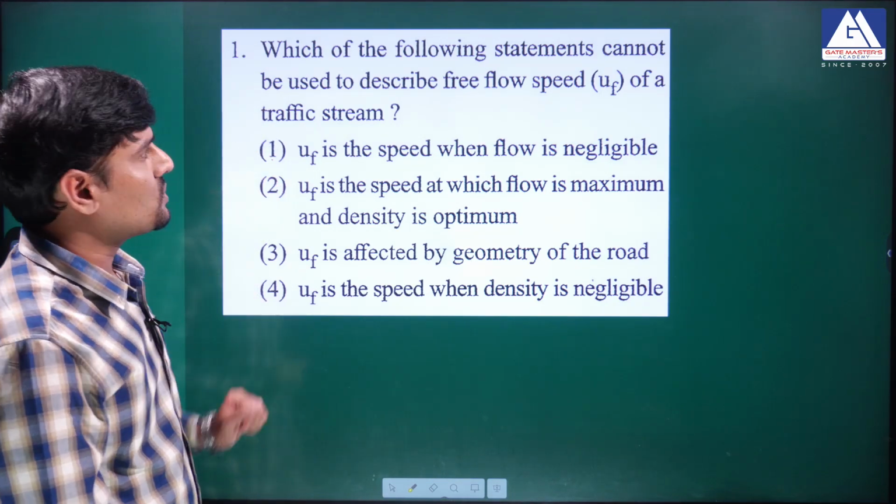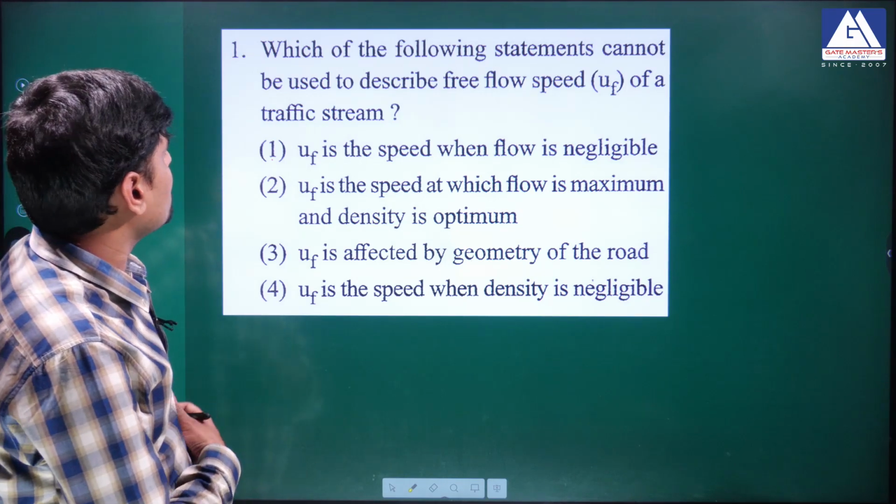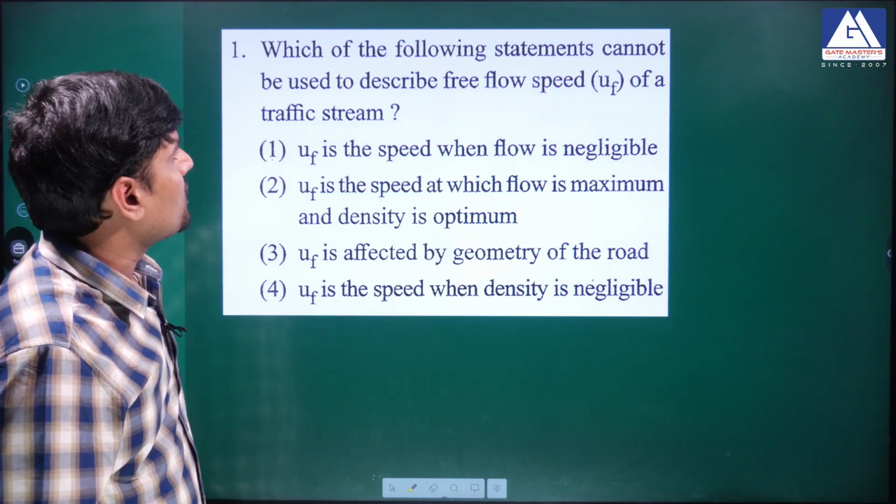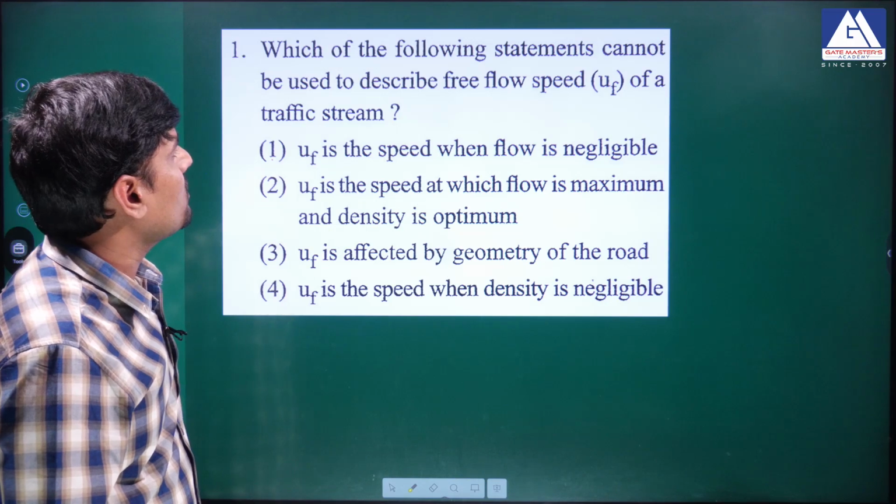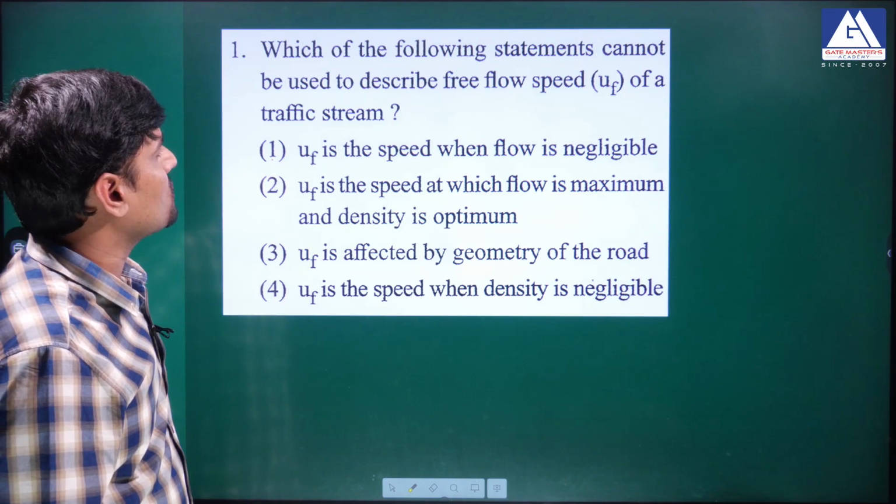So to begin with, question number 1, the question is, which of the following statements cannot be used to describe free flow speed of a traffic stream?